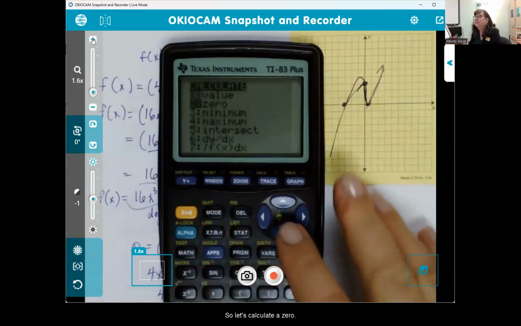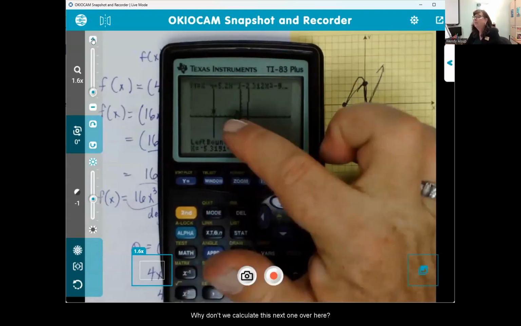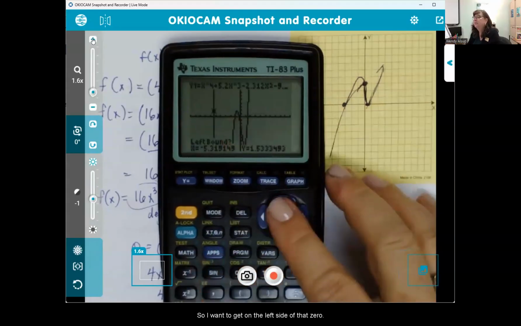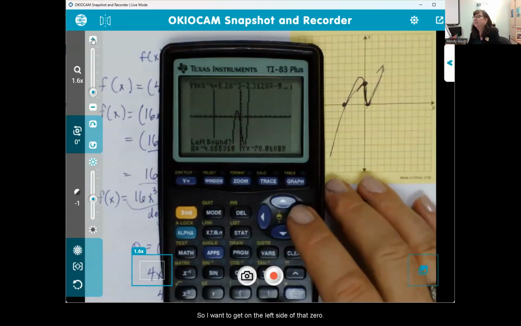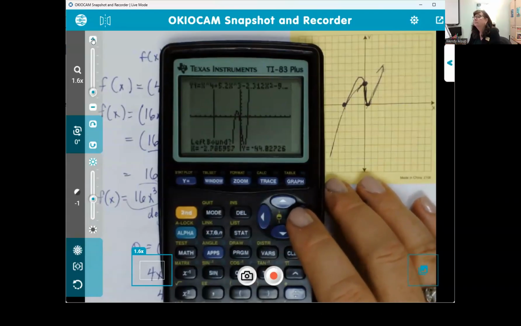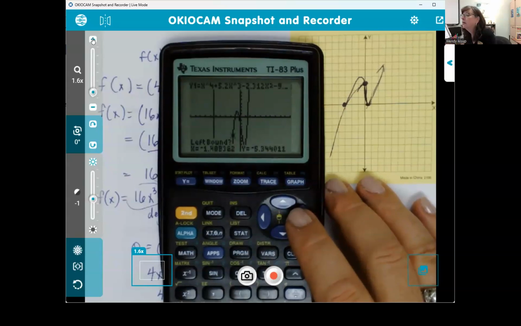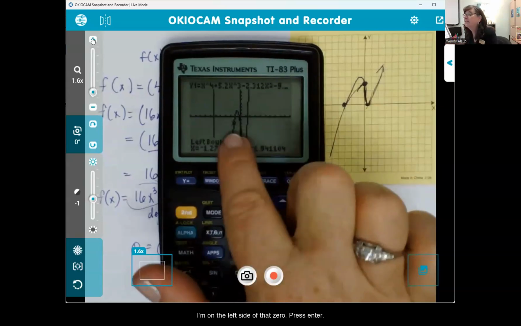Second calc. So let's calculate a zero. Why don't we calculate this next one over here? So I want to get on the left side of that zero. Oh my gosh, I'm having a hard time seeing. There we go. All right, I'm on the left side of that zero.